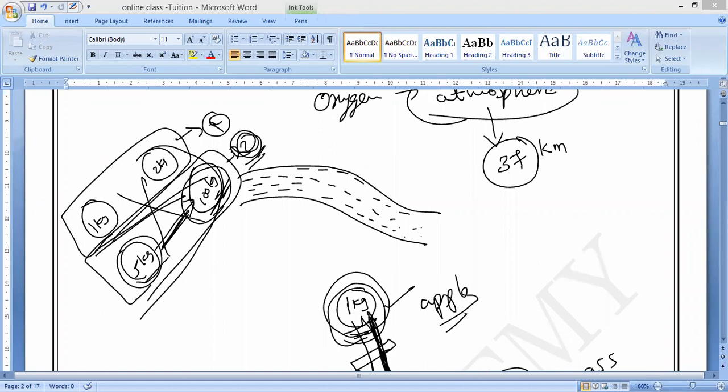Then the gravitational force becomes very large, and its effect can be seen easily.